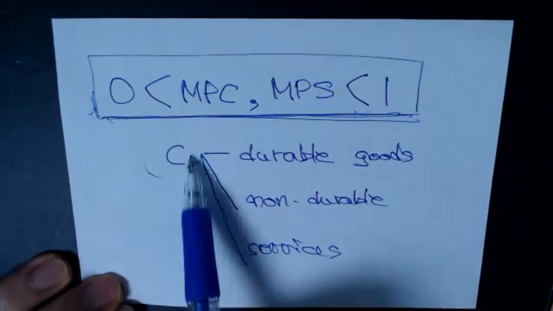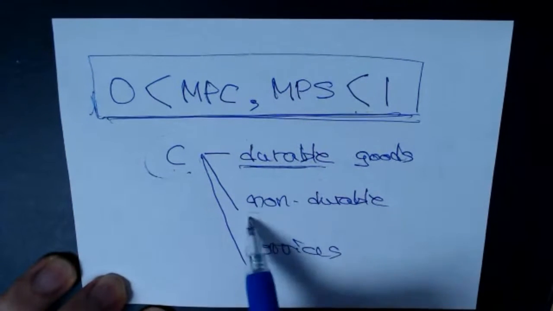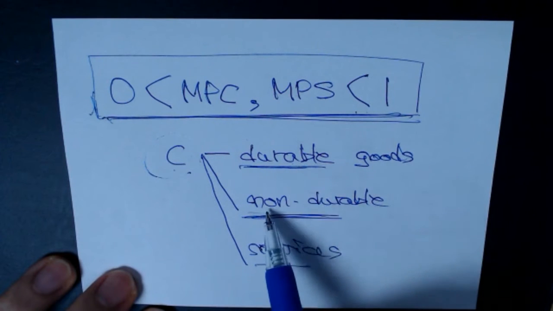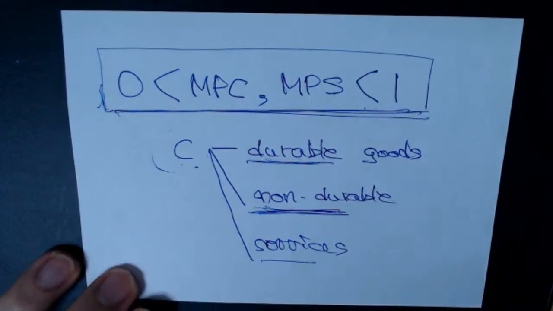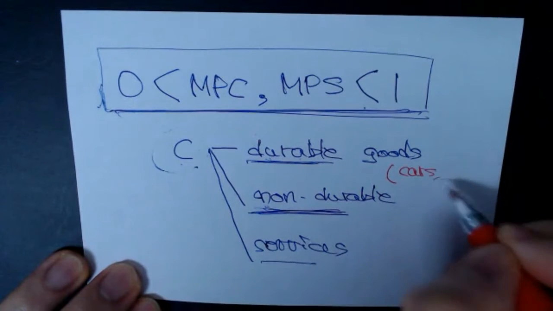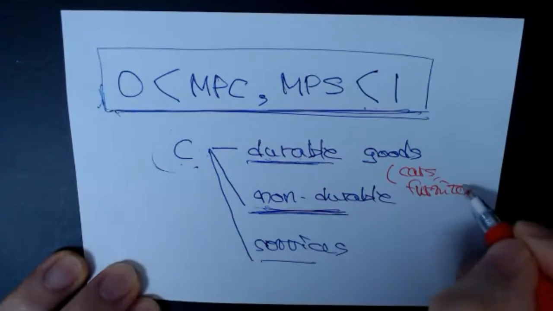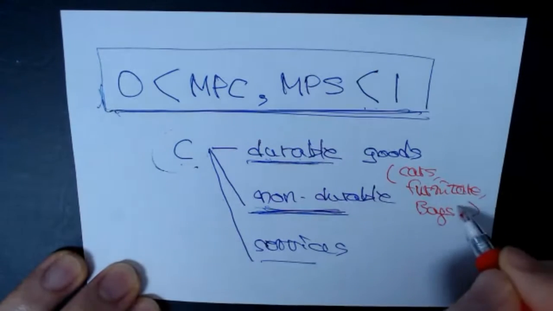We can categorize consumption as either consumption of durable goods, non-durable goods, or services. What is the difference between non-durable and durable? Durable means something that doesn't disappear once you consume it. Car, furniture, bags, etc.